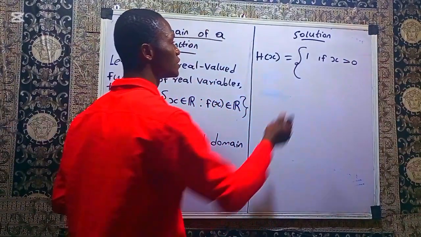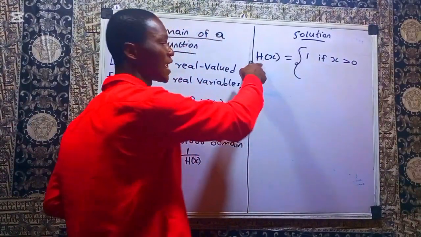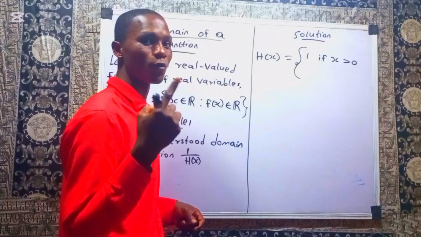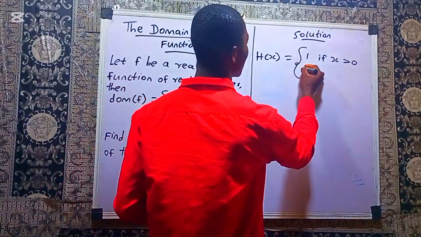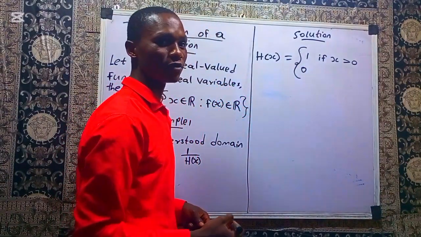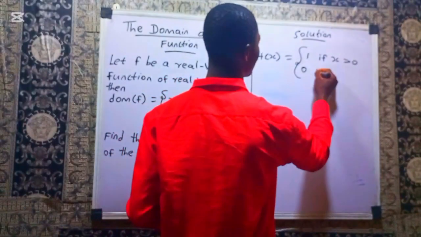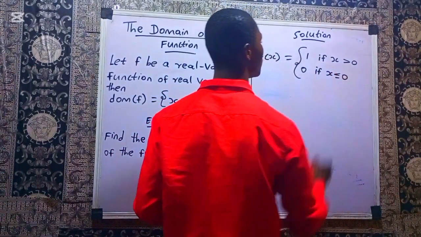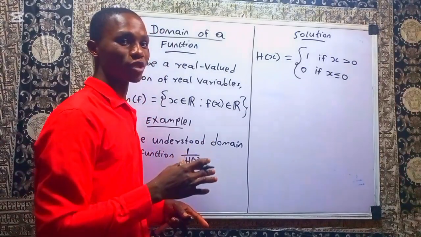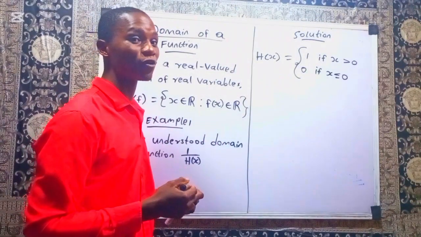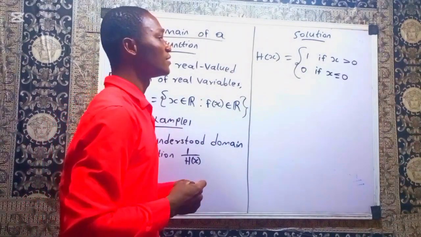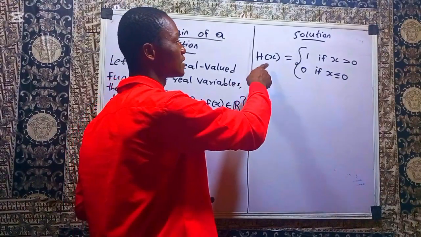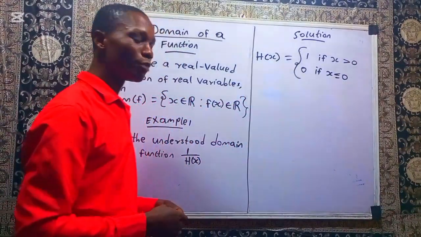So if x is positive, the Heaviside takes 1 as the value. Heaviside takes 0 as the value if x is less than or equal to 0. That's if x is either 0 or a negative number. Then the value for the Heaviside will be 0.